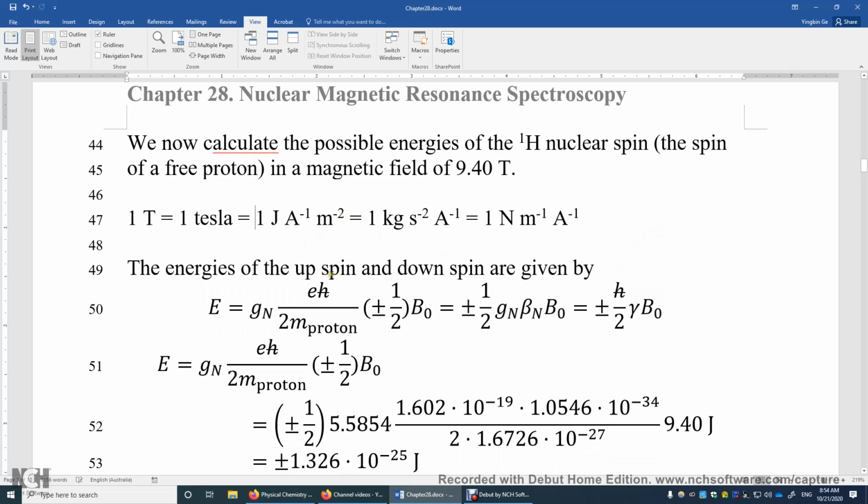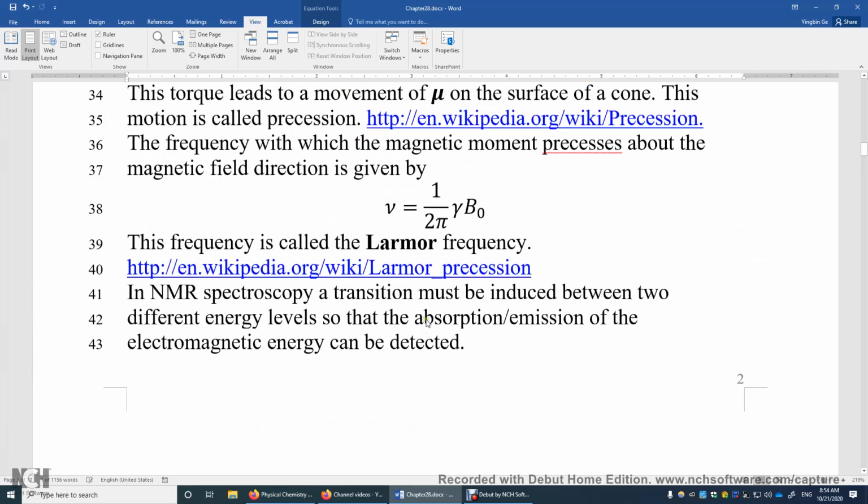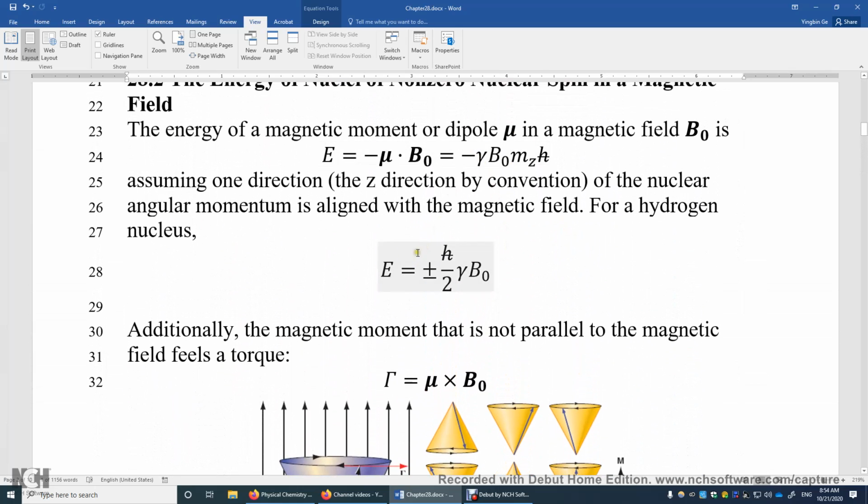The energies of the upspin and downspin are given by this. Or just use this equation from the previous page. The energy is plus minus half h bar times gamma, the magnetogyric ratio, times B0, where B0 is the strength of the external magnetic field.